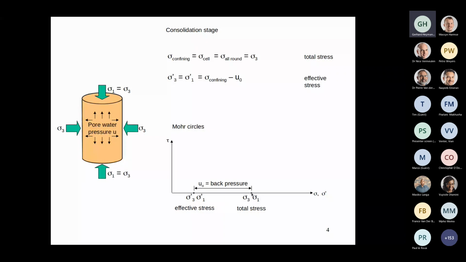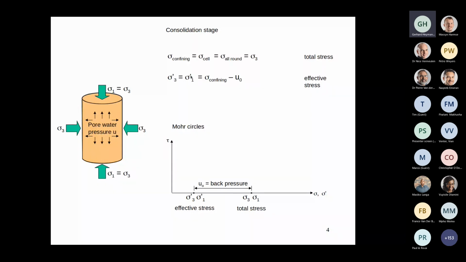Okay, but generally we are interested in effective stresses because the behavior of soil depends on its effective stress. So we have to consider the pore water pressure which acts inside a specimen, but of course pore water pressure acts the same in all directions. So for instance, if we wanted to calculate sigma 3 effective stress, we'll take sigma 3 total stress and simply subtract the pore water pressure. Same for sigma 1 effective stress, the major principal stress.